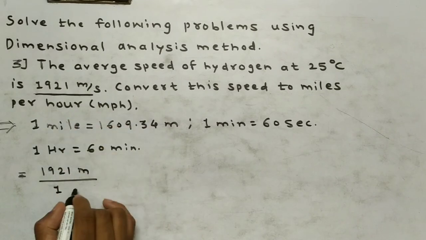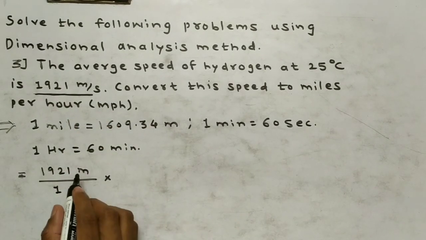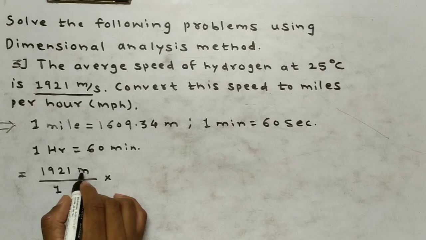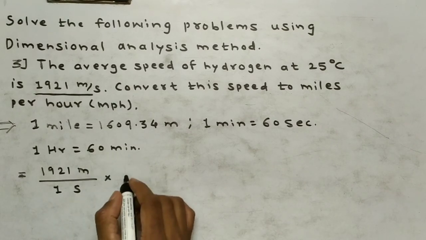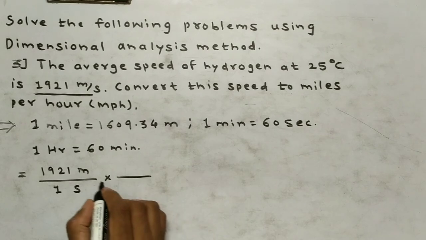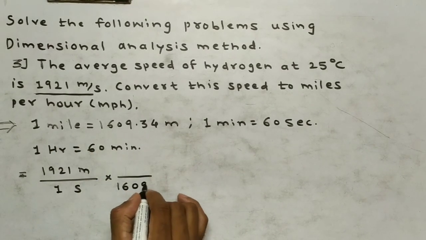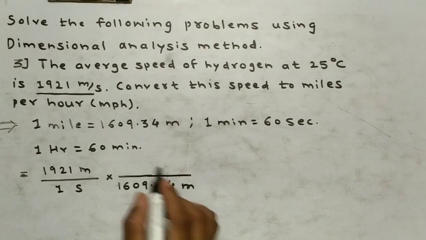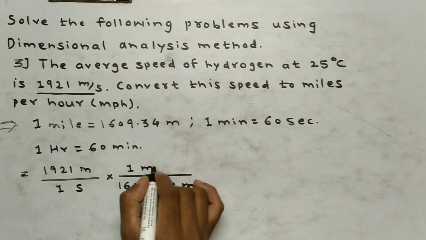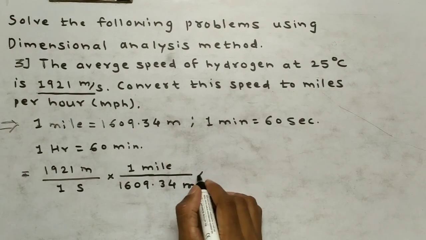second, so seconds is 1 second multiplied by, now firstly we'll just convert this meters to miles. We'll just put this conversion factor here in the numerator and denominator form. So meters, we have this 1609.34 meters, and here it is 1 mile, so 1 mile. Now this is done.